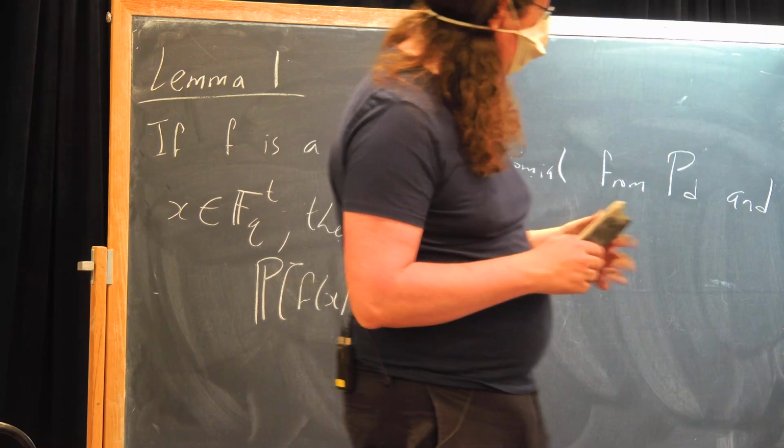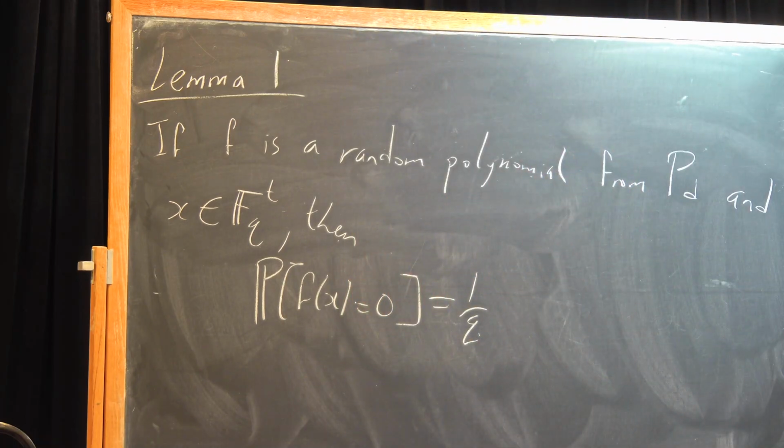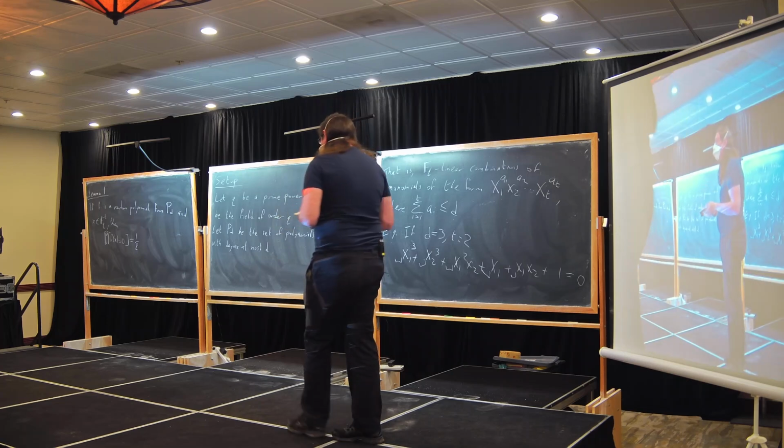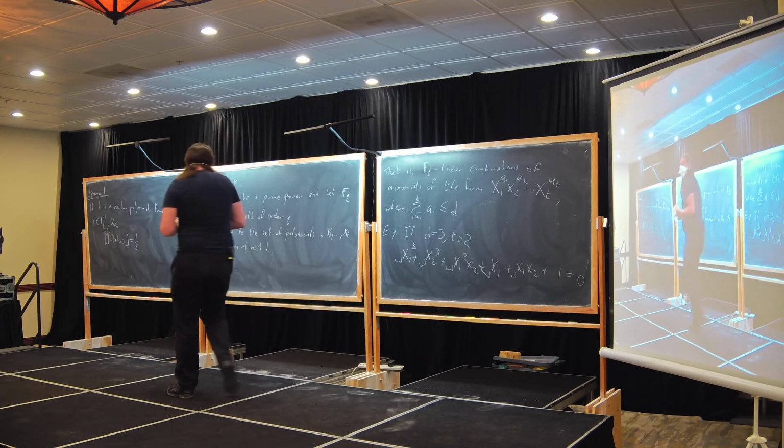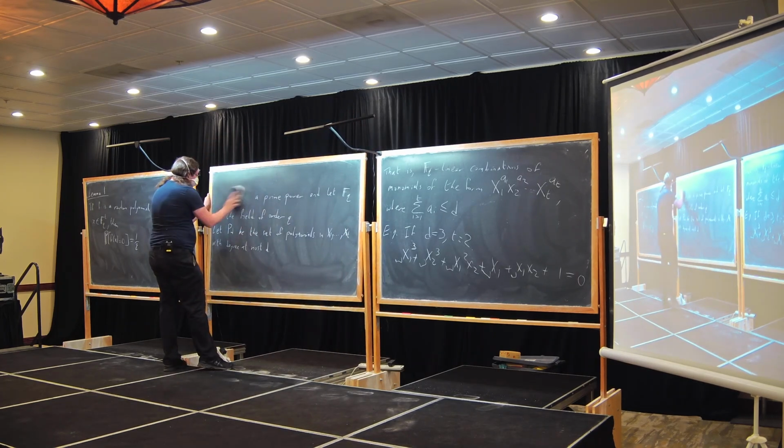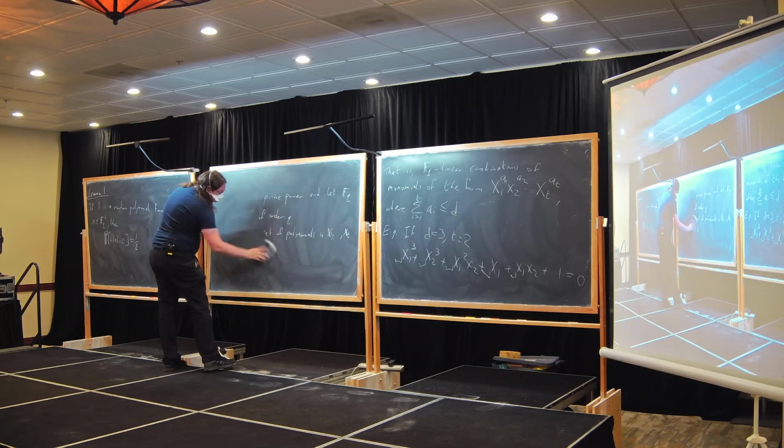Essentially, it's saying that a random polynomial typically will hit about q to the t minus 1 points. And this is saying that it hits every point with much the same probability, which isn't a huge surprise. And the proof is fairly simple as well.